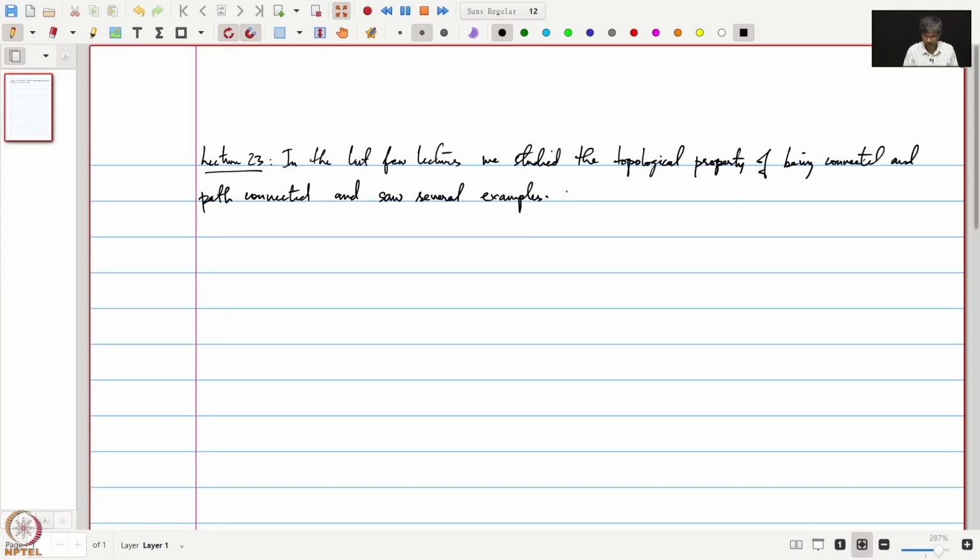Two examples which we did not see were the problems of whether SO(n) and U(n) are connected or path connected.